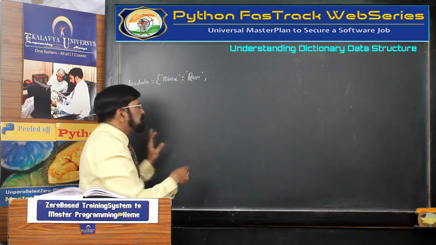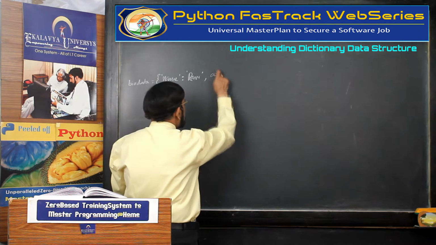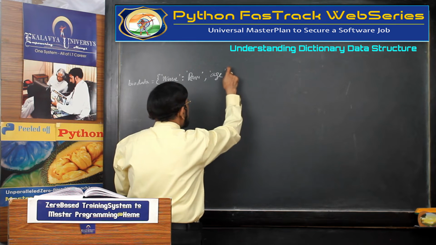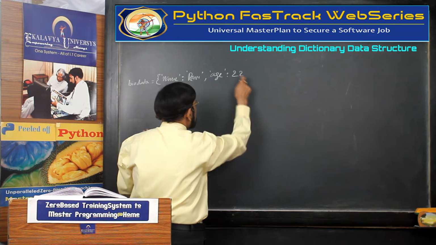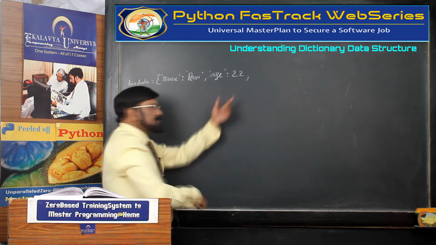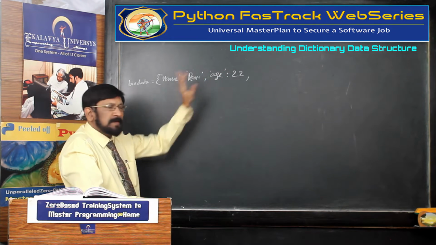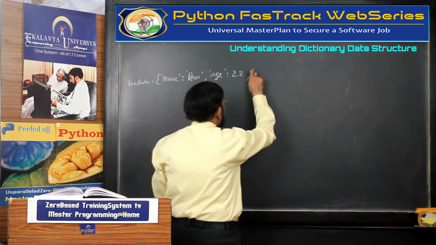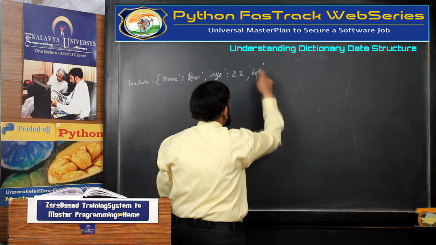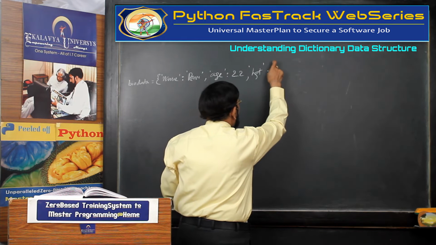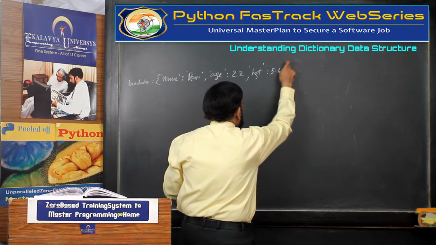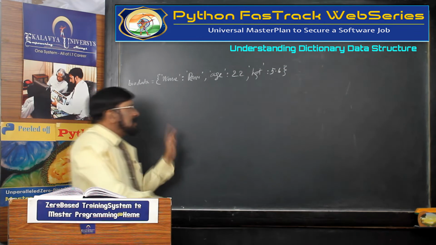Thereafter one separator. Next I want to write age. This is the identifier. Age: 22. As it is an integer, I didn't enclose it in single quotes. Next, height. This is the identifier, and this is the way.